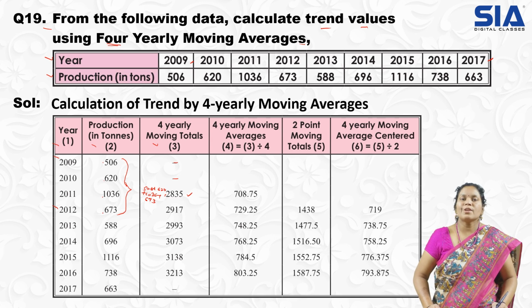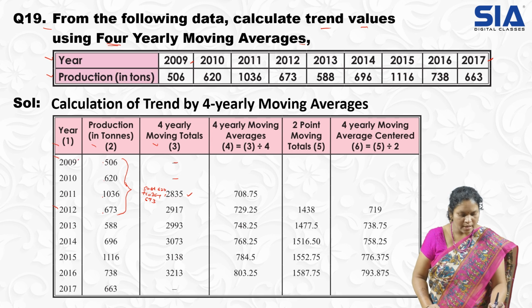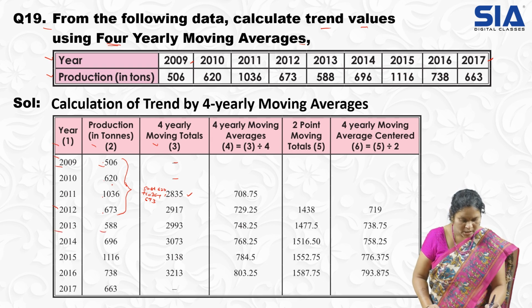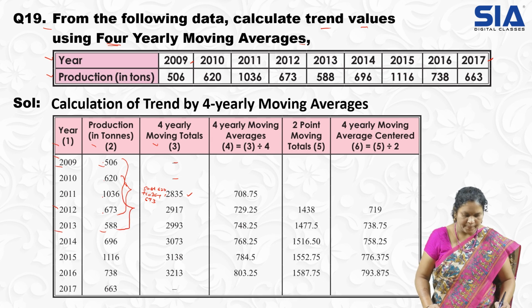Now next four you have to do. How? Leave the first value, that is the 2009 value, 506, and consider the next value, that is the 2013 value. The writing will again be at the third value, so it comes here.